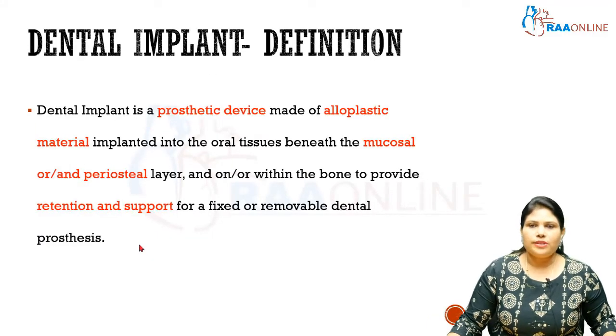So, according to the Glossary of Prosthodontic Terms, the definition of an implant is a prosthetic device which is made up of an alloplastic material implanted into the oral tissues beneath the mucosal or the periosteal layer and/or within the bone to provide retention and support for a fixed or a removable dental prosthesis.